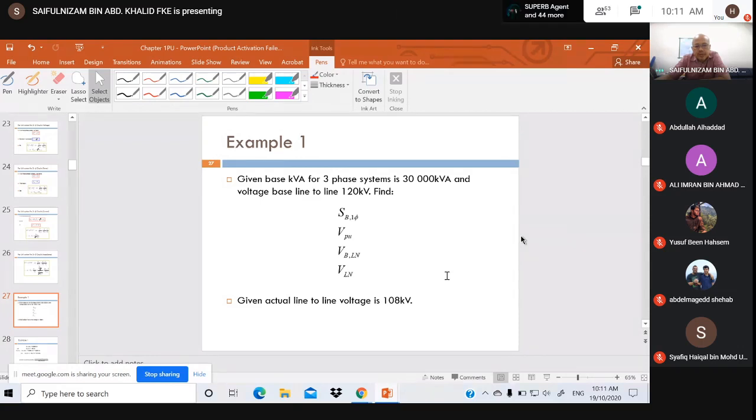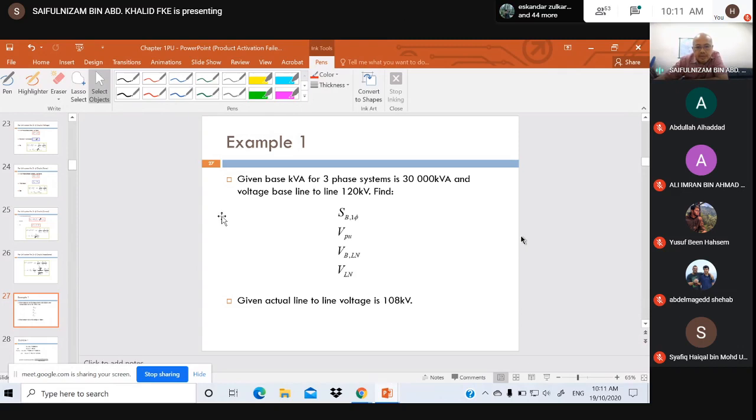Find the S base for 1 phase, V per unit, V base line to neutral, and V line to neutral. Given the actual line to line voltage is 108 kilovolt.